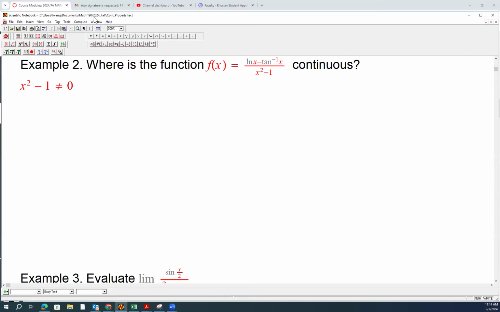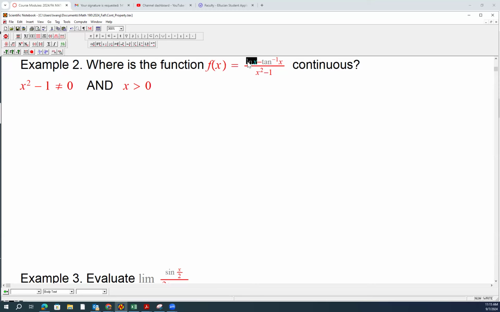And secondly, for ln x, x must be greater than 0. That's the domain for ln x. And thirdly, for arctangent, x is defined everywhere, so x can be any real number. That's not going to be any restriction. We must satisfy these two conditions, and that will be the domain.